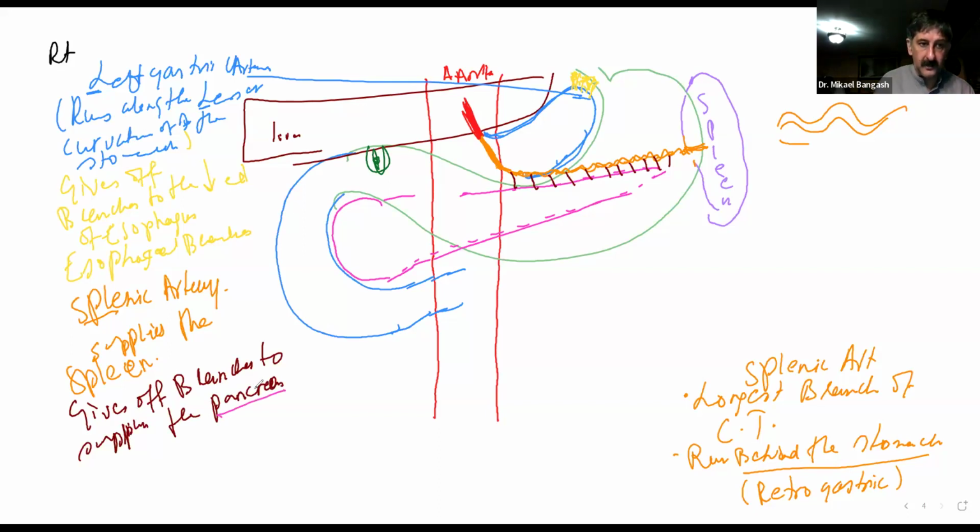And what are these branches going to be called? Pancreatic arteries.